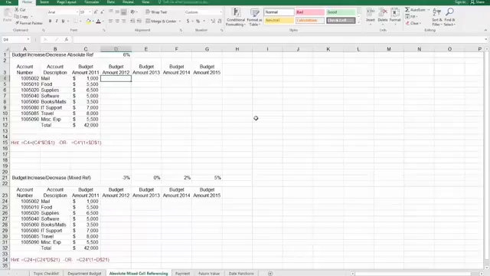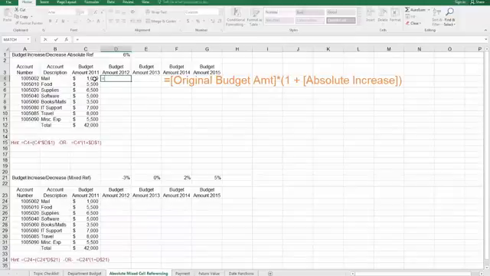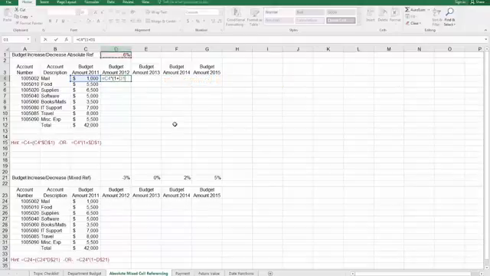So in this particular case, for the mail category, we're going to have an increase of 6% in 2012. So equals the original $1,000 in C4 multiplied by, in parentheses, 1 plus the absolute value of D1.